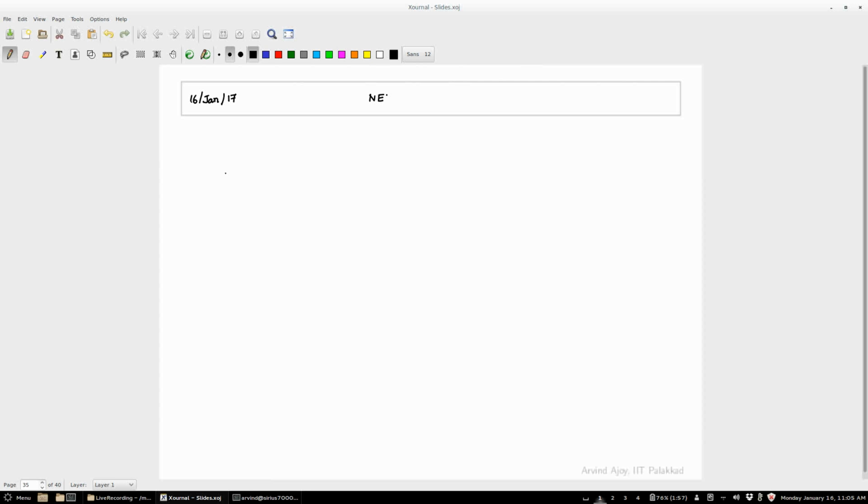So I am going to look at the negative, or negative is not good. Okay, we are going to look at the reverse bias characteristics.